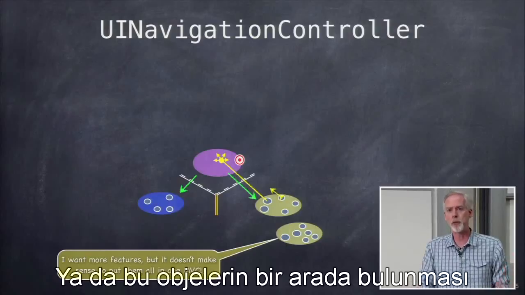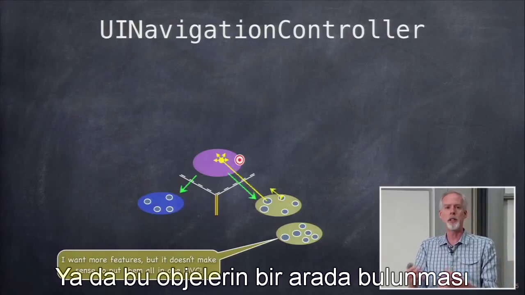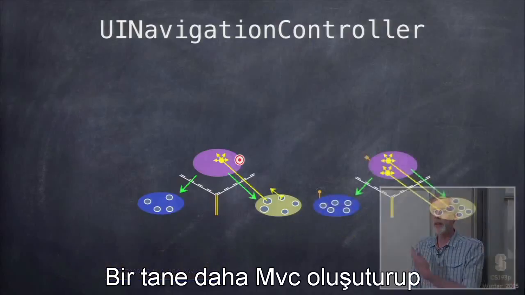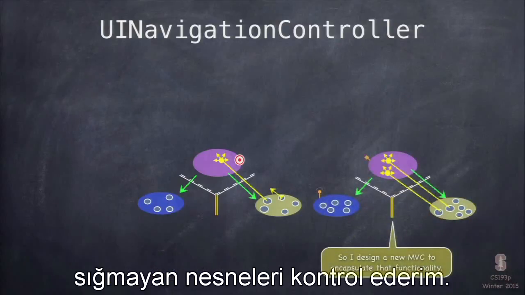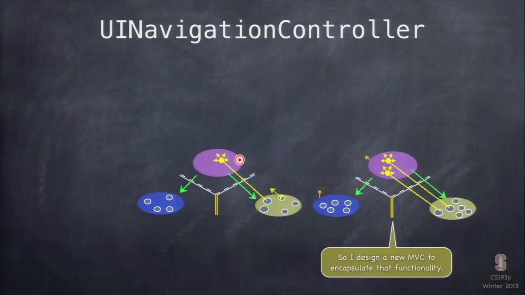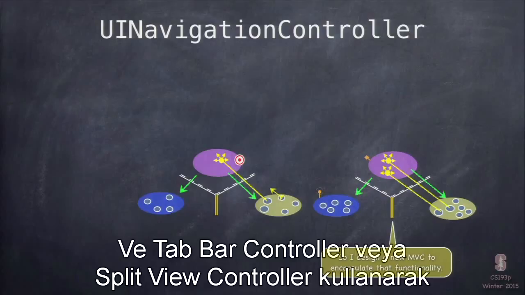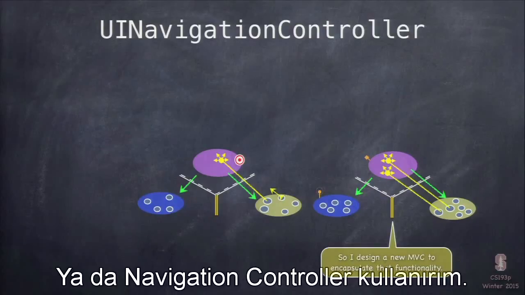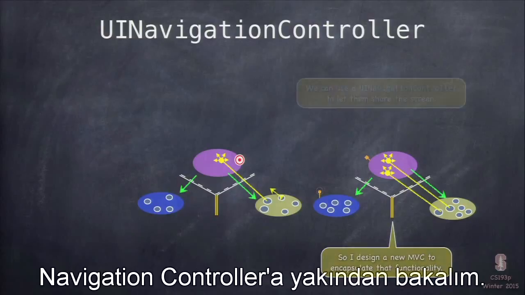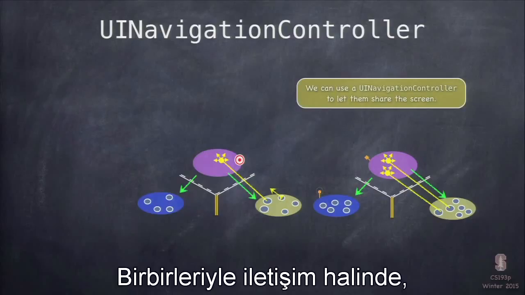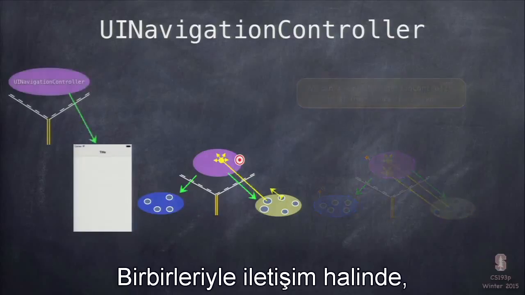I've kind of maxed out, or those features don't logically make sense to be in the same place. Well, what I would do is create another MVC to manage those other features that won't fit. Okay? And so now, though, I need a way to have those 2 MVCs share the screen, and I could use a split view controller or maybe a tab bar controller if they were peers, or I could use a navigation controller. So let's see what it would look like to use a navigation controller to have these 2 MVCs, which are related, share the screen.